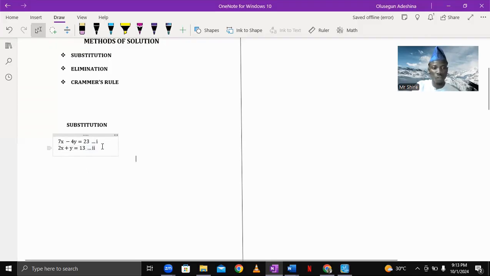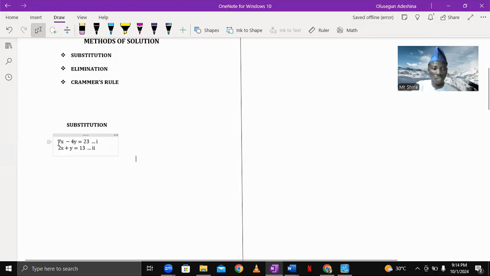Now, in the first equation, the coefficient of x is 7, while the coefficient of y is -4. In the second equation, the coefficient of x is 2, while the coefficient of y is +1. Now, it is most convenient to look for a variable whose coefficient is 1, that is unity. Then we pick that variable and make it the subject of the formula. So let's look at the coefficient of x in equation 1.